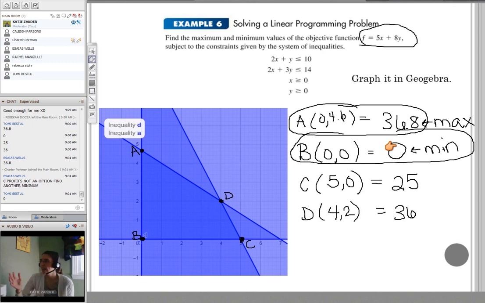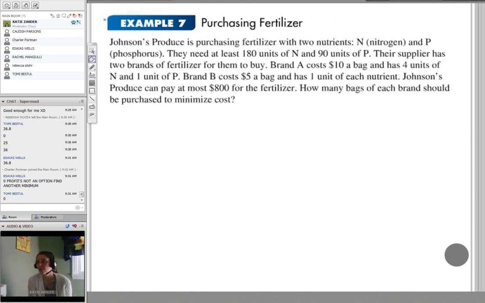Now, obviously, it's not so bad when they give us the constraints and the objective function. What it gets a little bit troublesome is if they just give us a story problem and we have to come up with all of those constraints and objective functions on our own. So let's practice that in a couple examples here today.